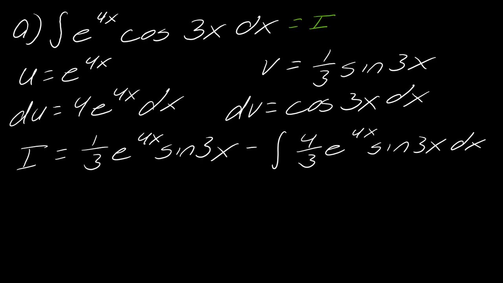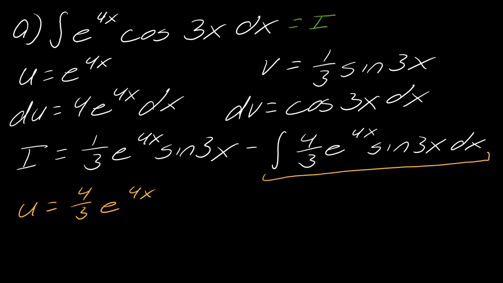Okay, we look at the integral that we have. I cannot integrate this, so I'm going to have to do this process again. My u in this case, let's call it 4/3 e to the 4x. I'm just going to bring the constant with. You don't have to, but I will this time.